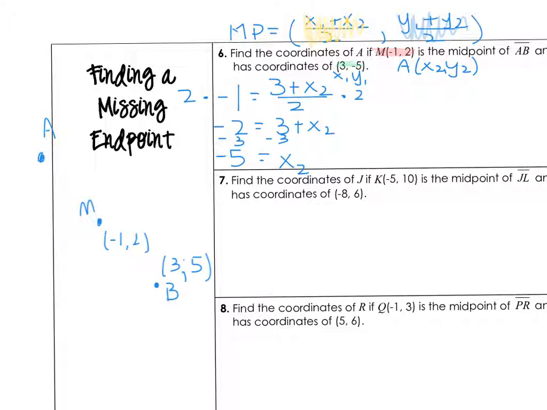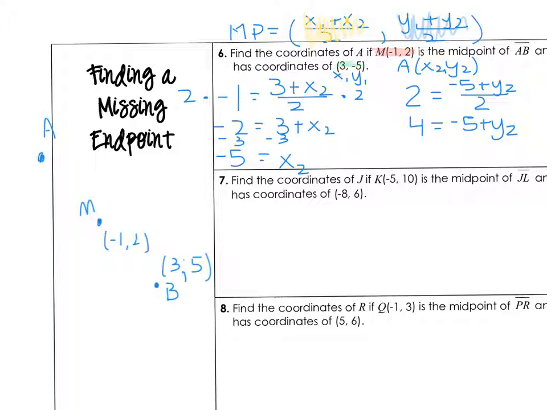I'm going to do the same thing for the y. So I know that the y coordinate for the midpoint is 2. y1 is -5. Trying to find y2 divided by 2. So the process is going to be the same. I'm going to multiply both sides by 2 to eliminate the fraction.